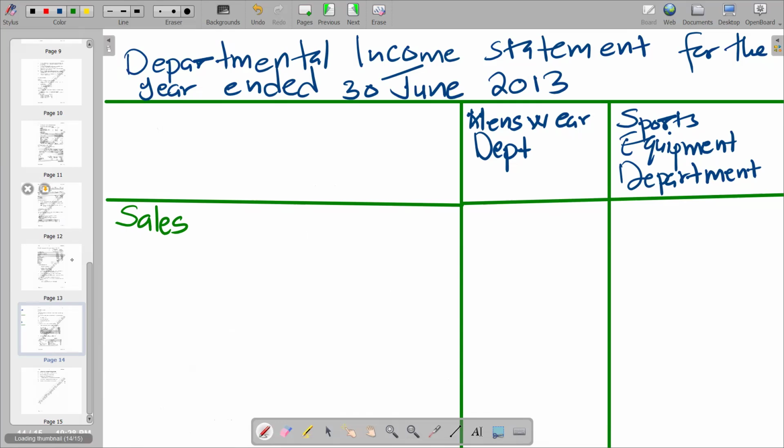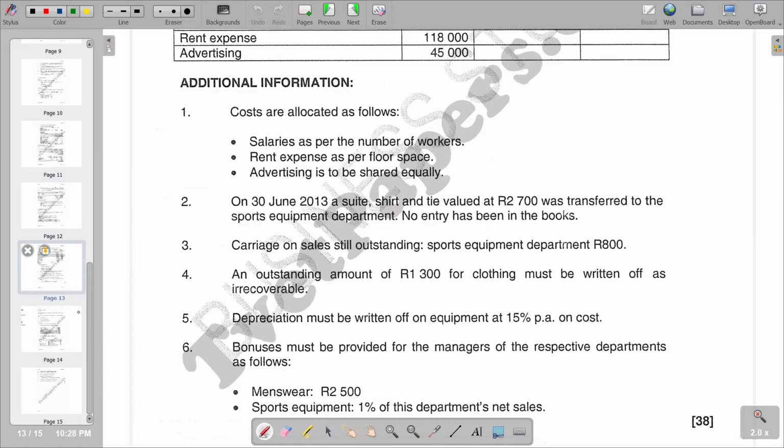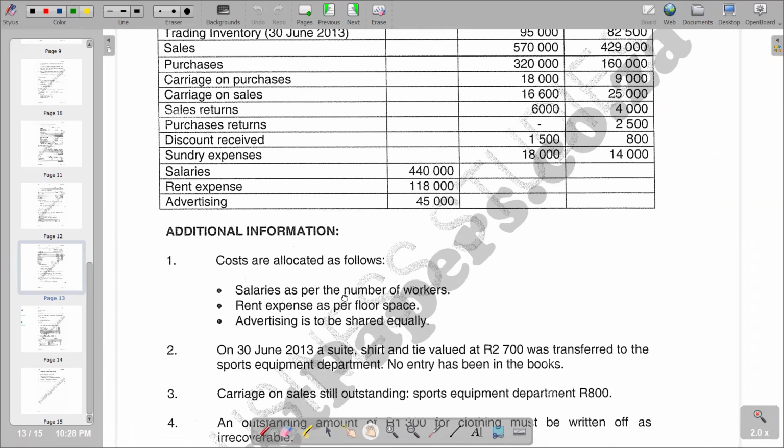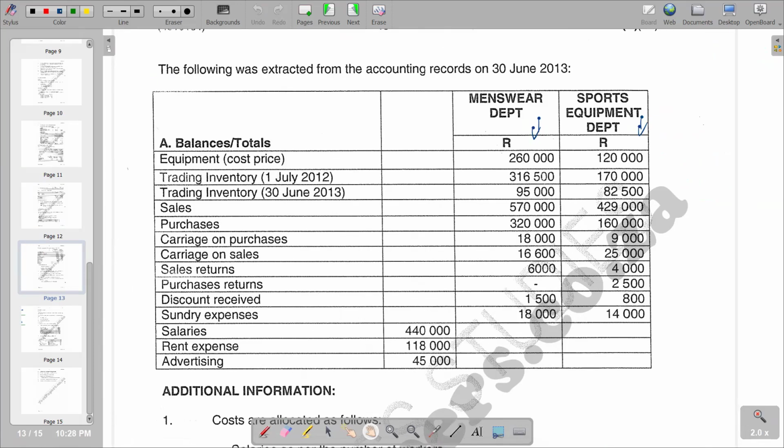We refer back to the information that we are given, and according to the balances that we have here, for sales we have 570,000 for the menswear department.